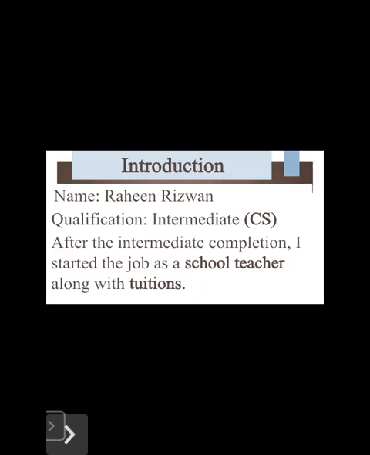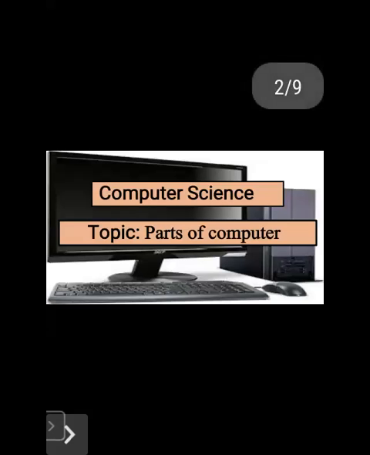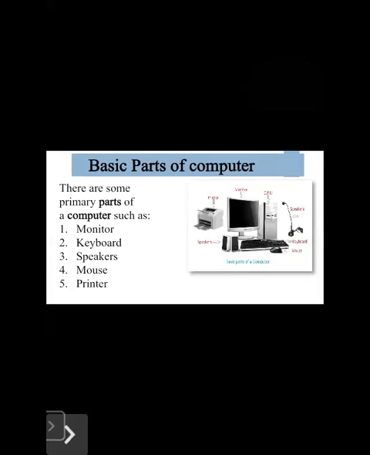Now I want to start the online tutorial. As I told you before, I am fond of the computer science field, so the topic I have chosen today is also from computer science, and that is the parts of a computer.